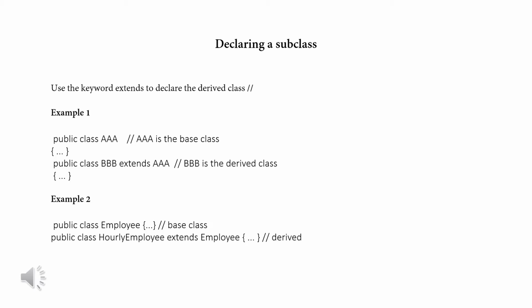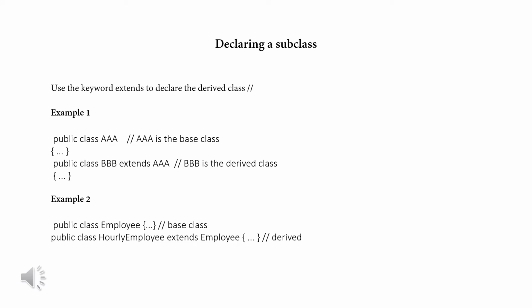For example, public class employee. That's the base class. And then we say we want to define another class, for example with the name hourly employee, and we want this class to inherit from class employee.